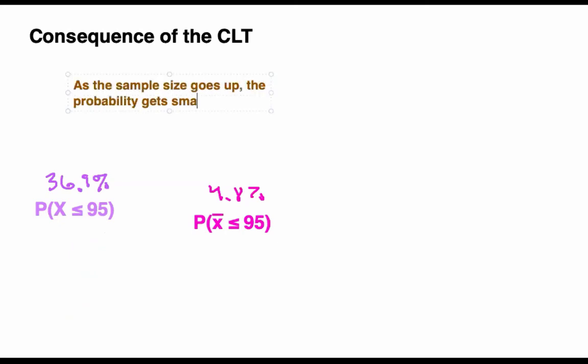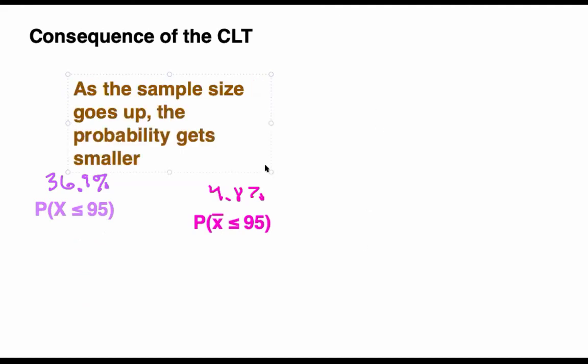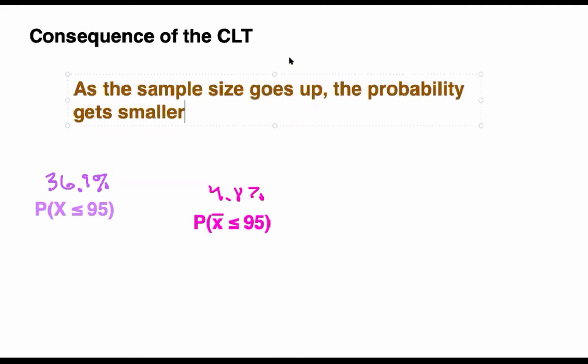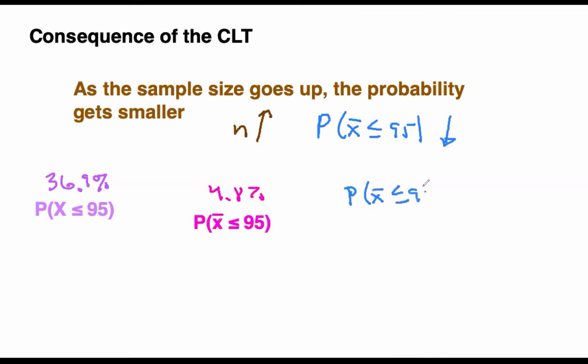As the sample size goes up, the probability for a question such as this gets smaller. As n increases, or in other words, as n gets bigger and bigger, this probability of a sample mean which is less than the population mean goes down. How much does it decrease, or how rapidly does the probability decrease? Well, let's look at the probability of finding a sample of at most 95 when we are working with samples of size n equals 2500.